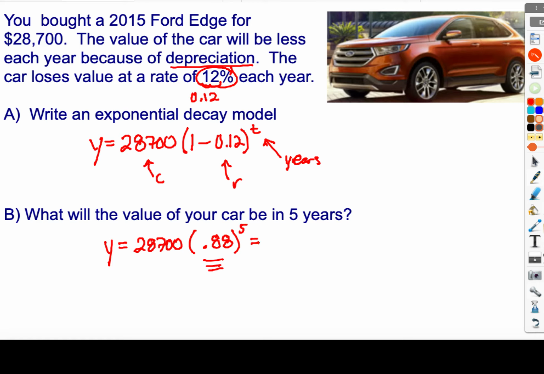And we're going to 5 years, so we're going to say raised to the 5th. I'm going to type that in my calculator real quick: 28,700 times 0.88 raised to the 5, and we'll find out that our car after 5 years is now worth a measly $15,145.91, rounded accurately.